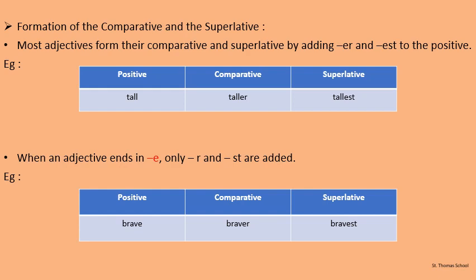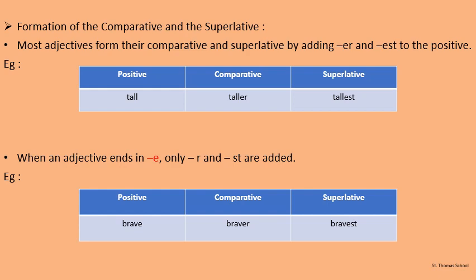So most of the adjectives, when you change them into the comparative degree, take er added at the end of the word, and for the superlative degree we add est at the end of the positive word.